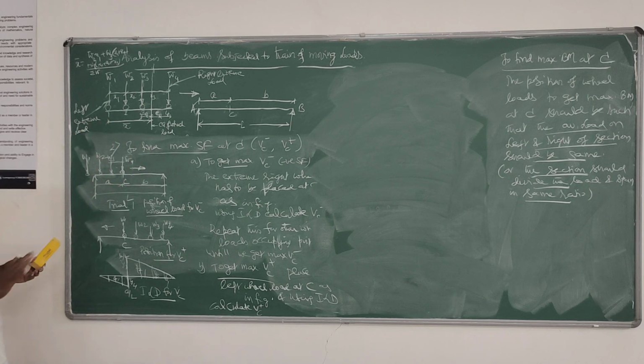Next, you bring the next wheel load. When you bring it, the average load on the right side will be W3 plus W4 divided by B. You take all other wheel loads on the left side, divided by A. So you find out whether WL is again less than or greater than WR.